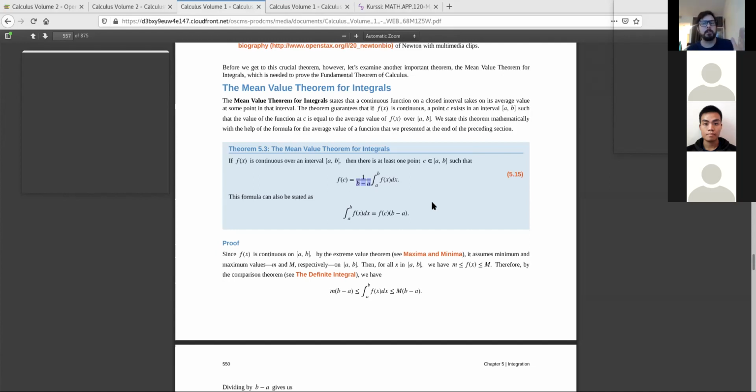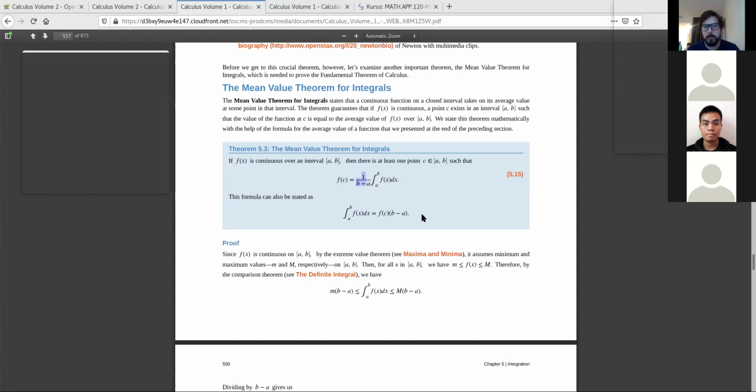If you think of the function's integral as the area under the curve, you can think of this as the average height of the box.